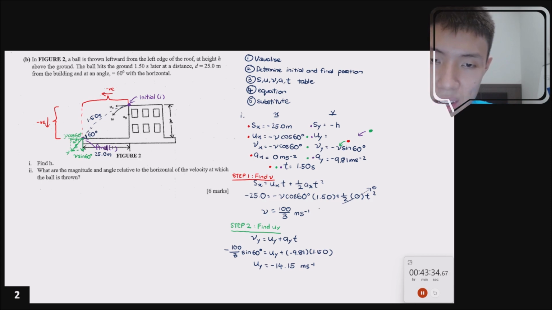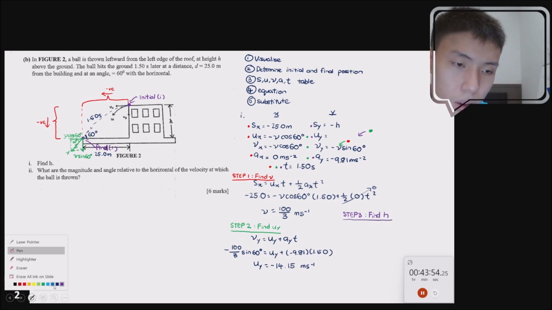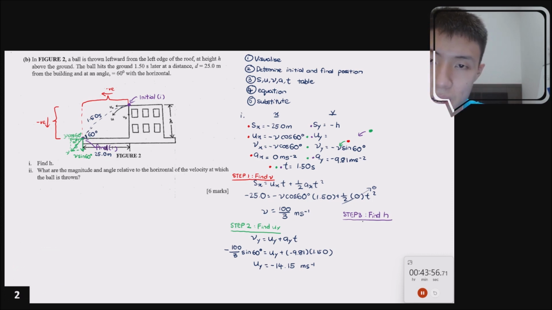My next step, the third step, will be to find H. To find h, that will be sy, so I need to use the equation s equals ut plus half at square.